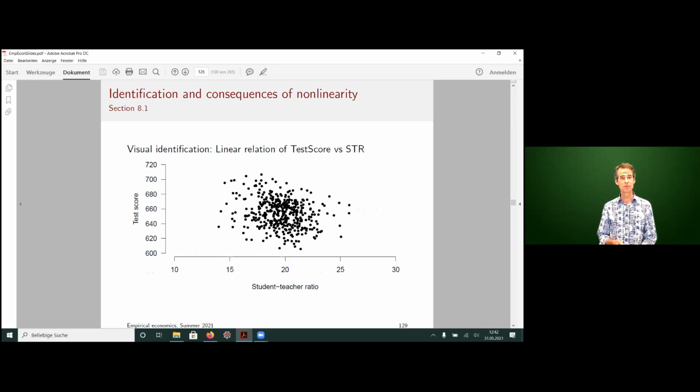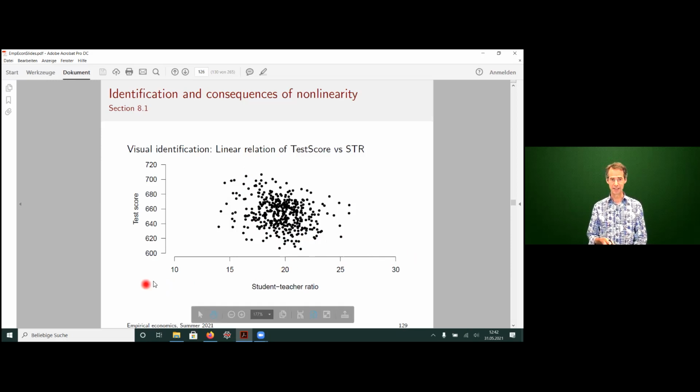So let's first think about how we could detect a nonlinear relationship between a regressor and the endogenous variable. As Andreas already said, you've seen this plot many times before. This is, again, the class size on the x-axis and the test score on the y-axis. You remember that we fitted a linear relationship to this cloud.